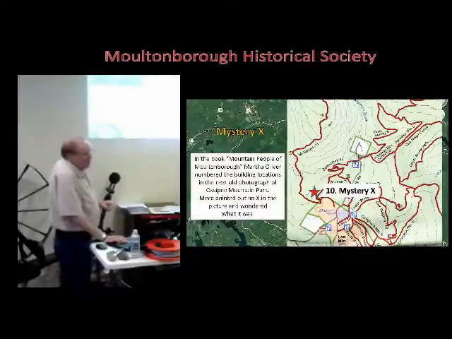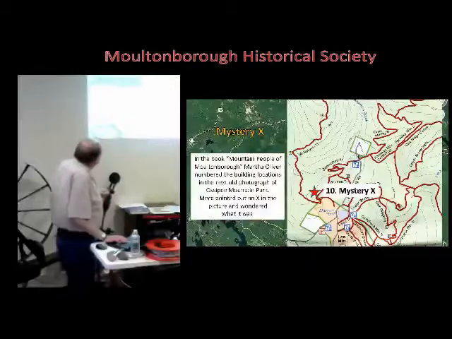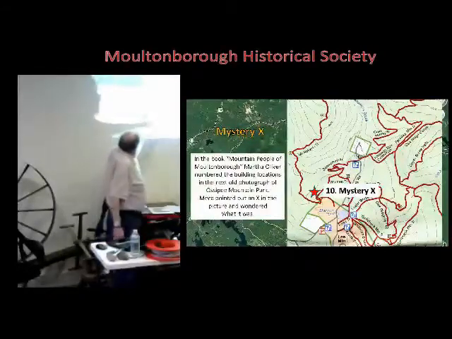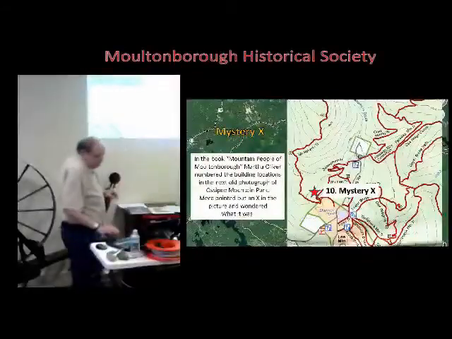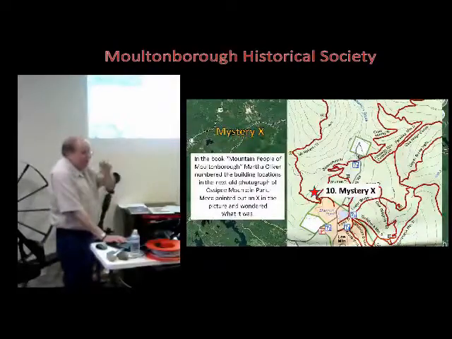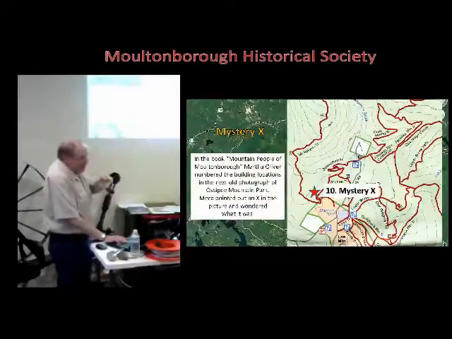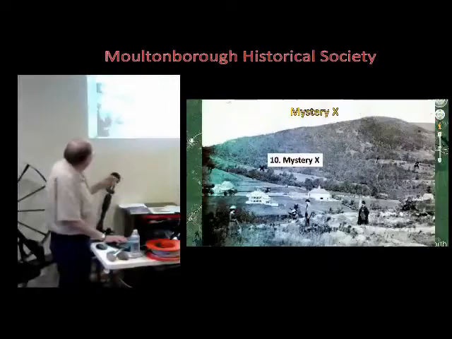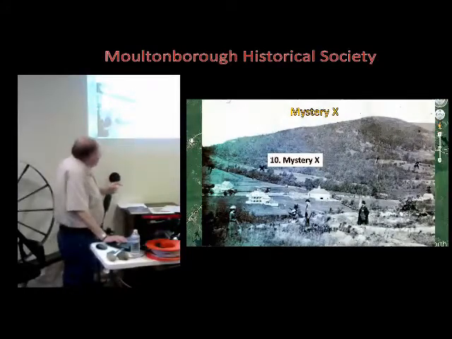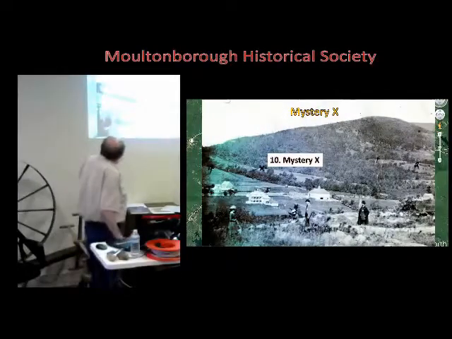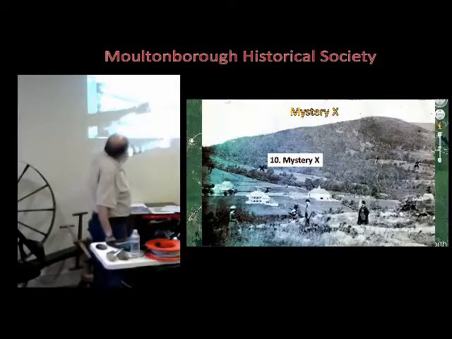Okay, the Mystery X is located out behind the stables. And this is a project that Meca kind of got started. She asked me a question and I had no idea. In Martha Oliver's book, she numbered all the houses.